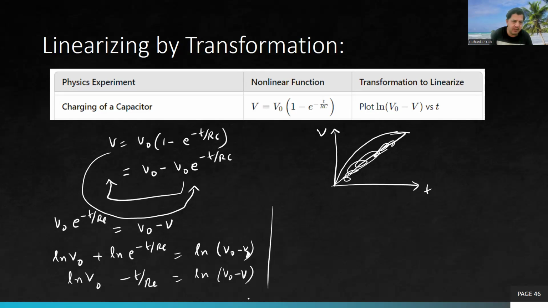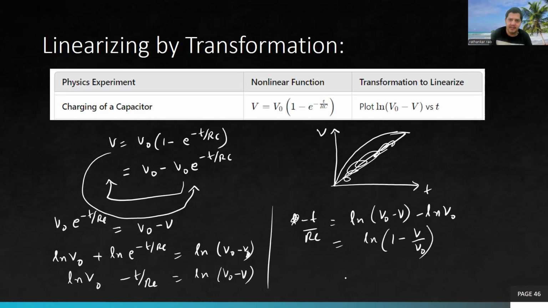So I'll take this ln V naught to that side. Minus t by RC is equal to ln of V naught minus V minus ln V naught, right? So this is ln A minus ln B. So this should be ln of 1 minus V by V naught is what I get over here, right? So this is equal to so much. So what I can now do is, I'll do one thing. I'll not do all these things.